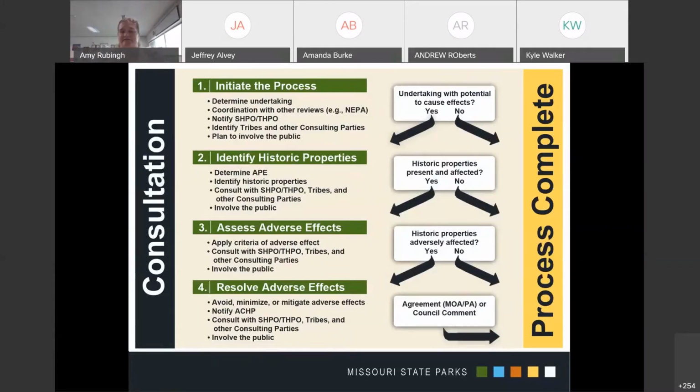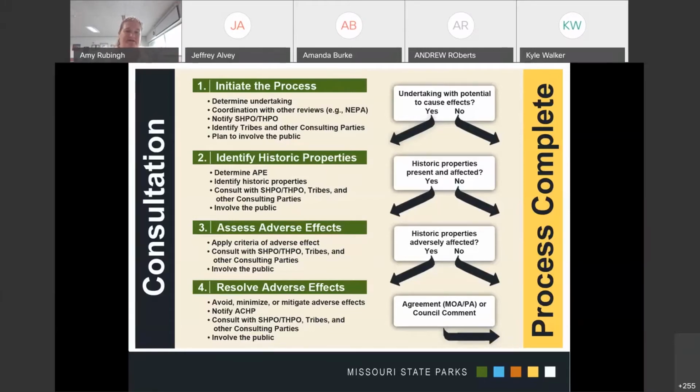So this is a basic outline of the Section 106 process. In this presentation, we will be calling out the 4 steps of the process, but this is the basic outline. What this really shows you is that you initiate the process, you determine your undertaking and coordinate with other reviews. And there's a question then, does the undertaking have the potential to cause adverse effects or cause effects?